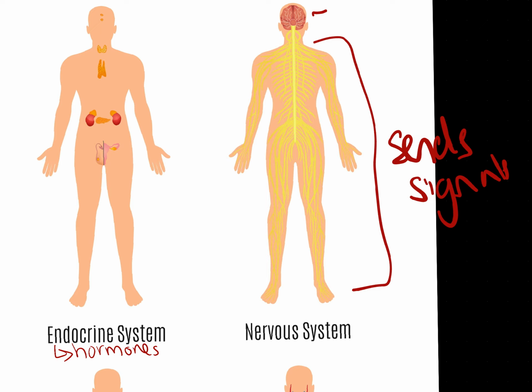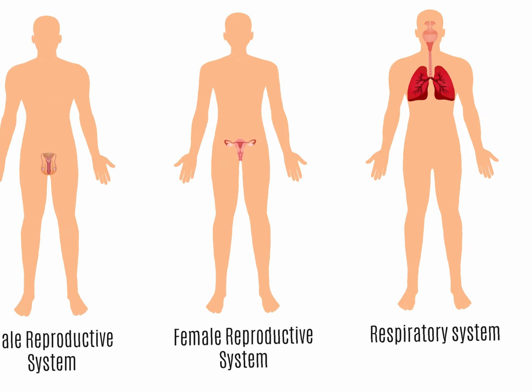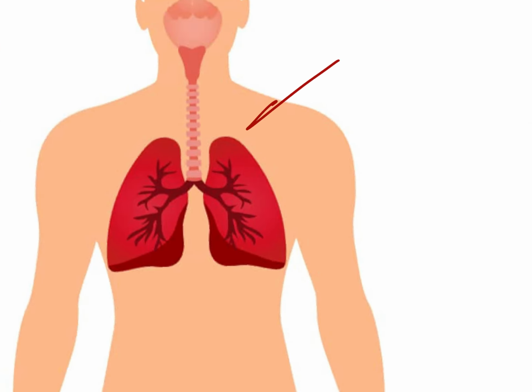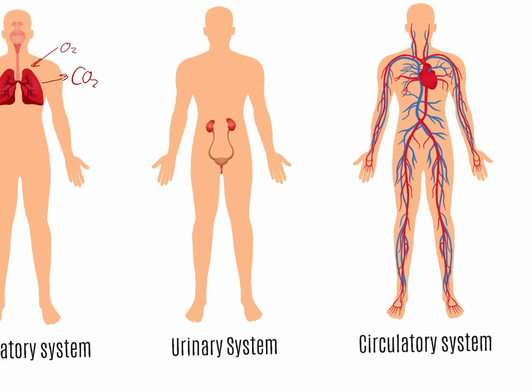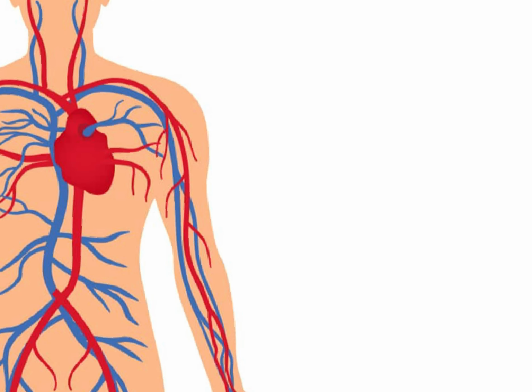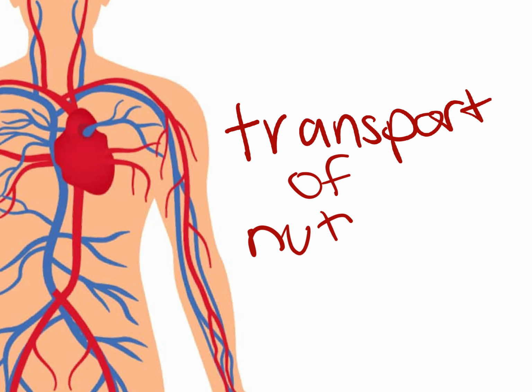And then we have the skeletal system, the reproductive systems. The respiratory system brings in oxygen and out carbon dioxide. The urinary system, and then the circulatory system, that's of course our transport of nutrients all around the body, right?